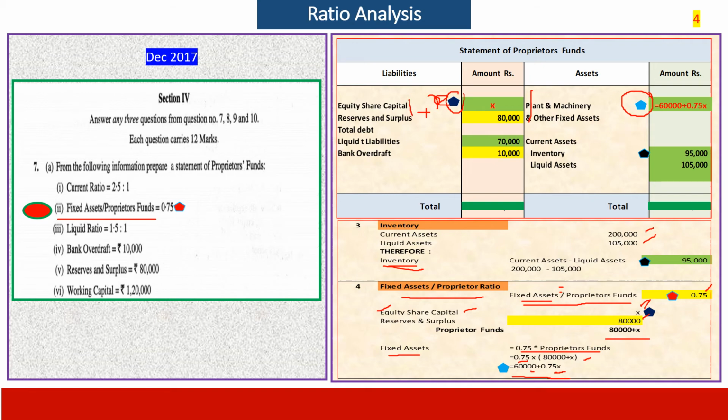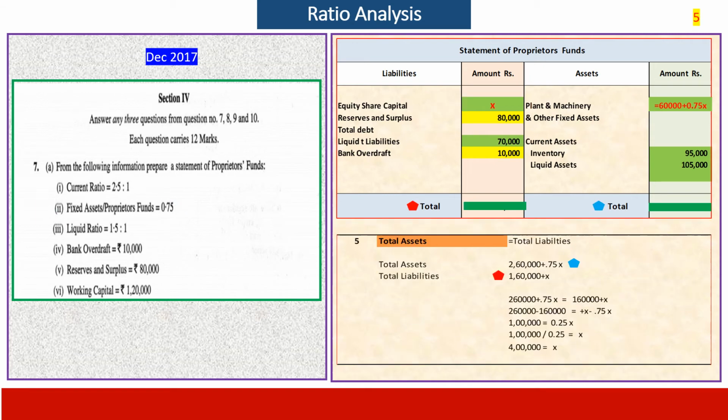In that case, how does it work out now? If we take a total of these, it becomes 1,60,000 plus X. And if you take total on this side, it becomes 2 lakh plus 60,000 plus 0.75X.